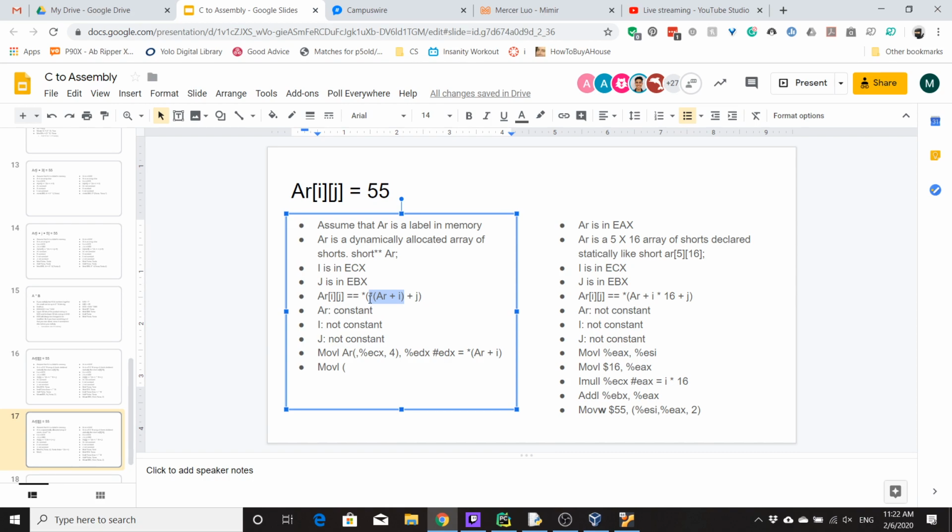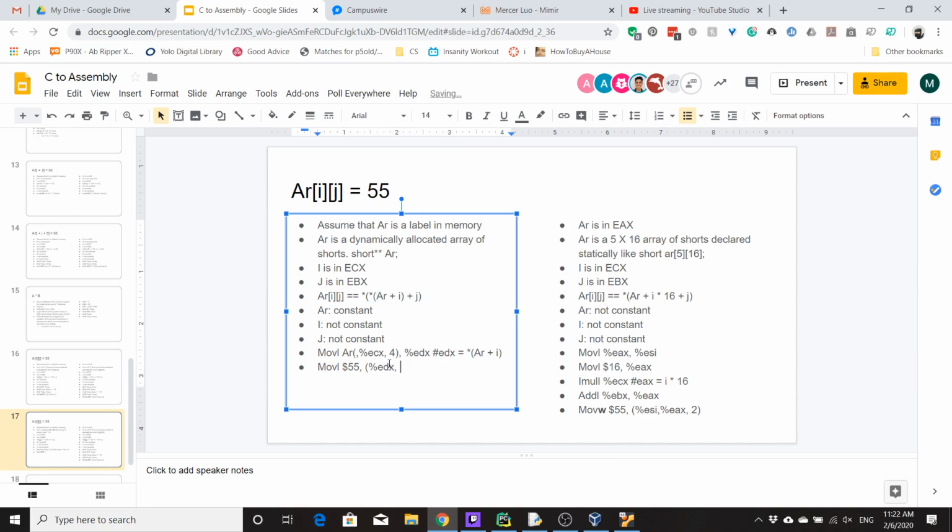How do I do EDX plus J dereferenced? In this expression right now, this is EDX. Is EDX a constant? No, it's a register. So it can either go into the offset or the index field. Which field do you want to put it into? Offset, right? Because that's where we want to start.